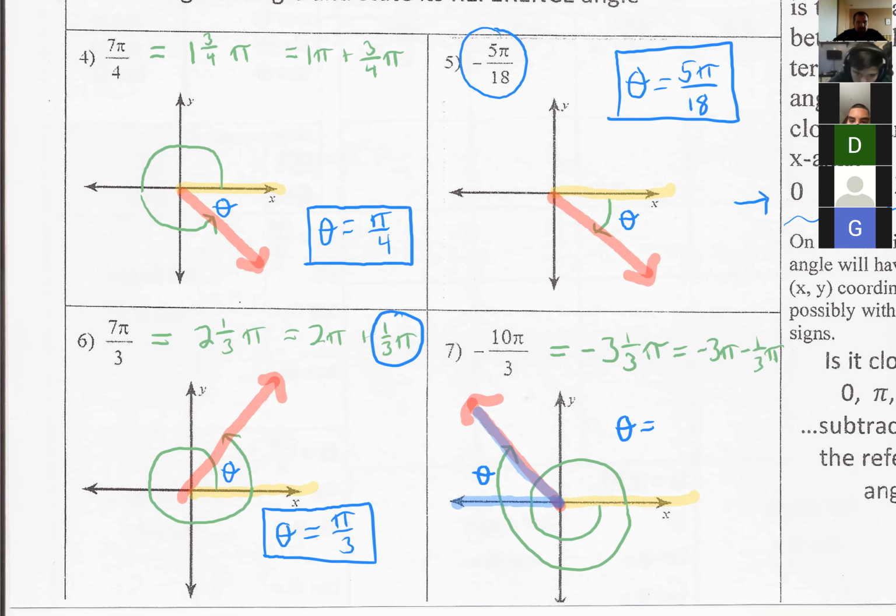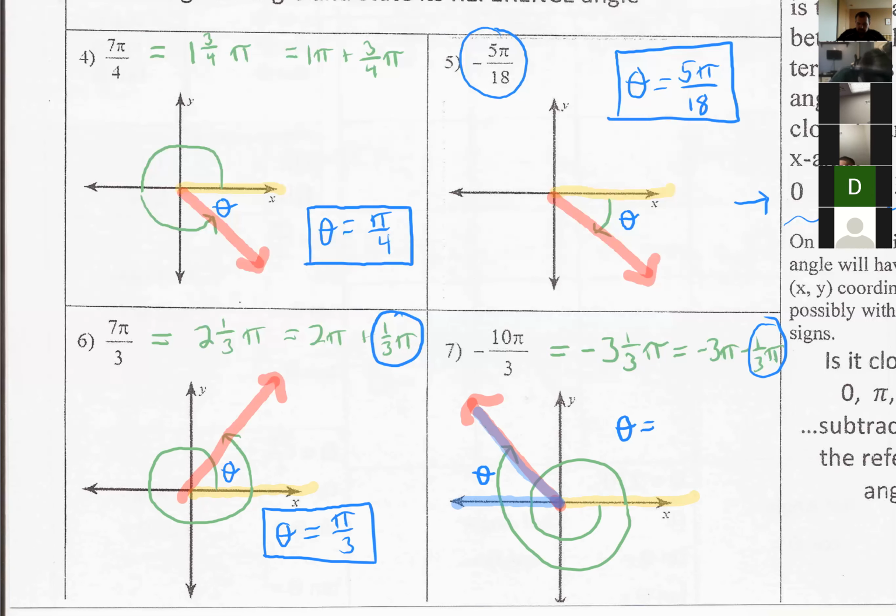Can someone tell me how many radians? 1/3 pi. Good. So didn't we go an extra 1/3 pi past the x-axis?